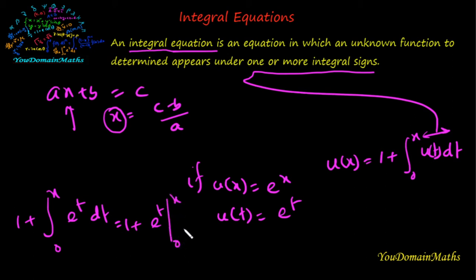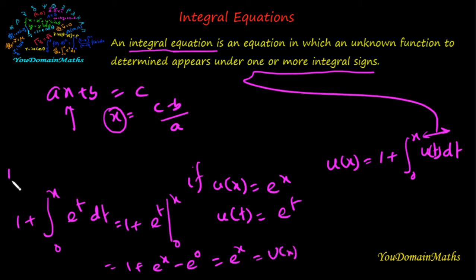Putting the upper limit, 1 plus e^x, and putting the lower limit, e^0, that means 1. So this will be cancelled by 1, leaving e^x, and e^x equals u(x).